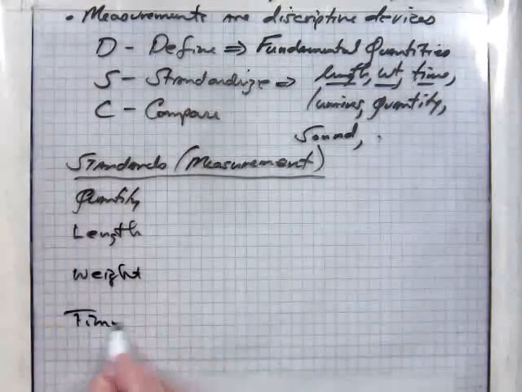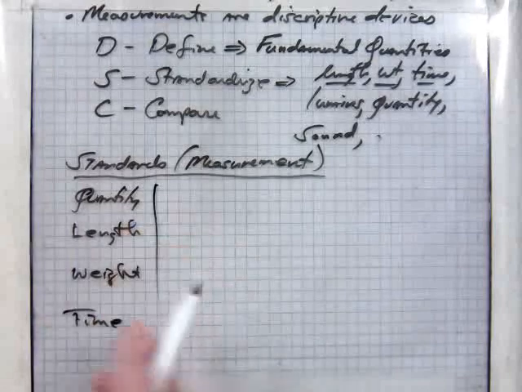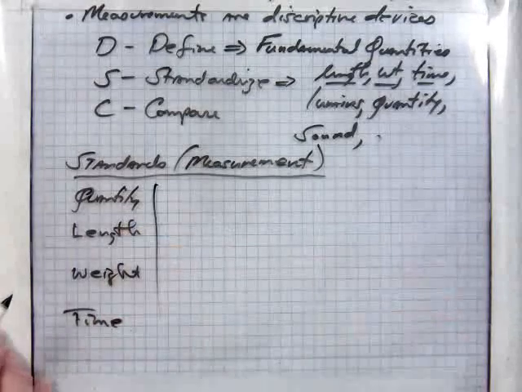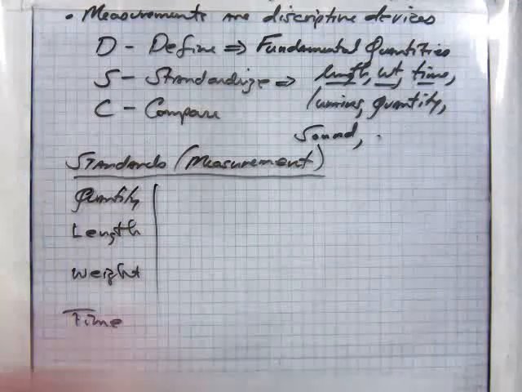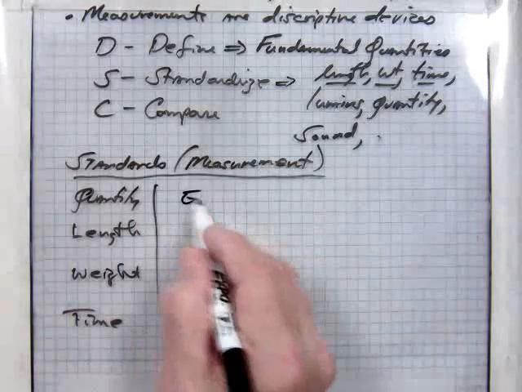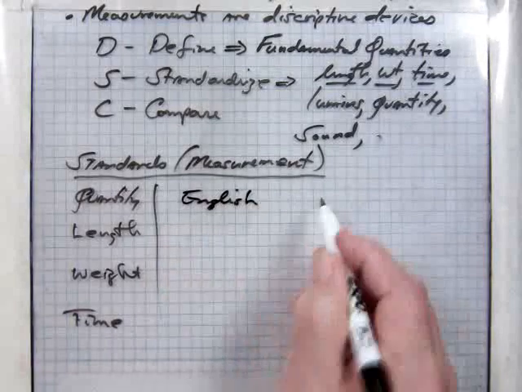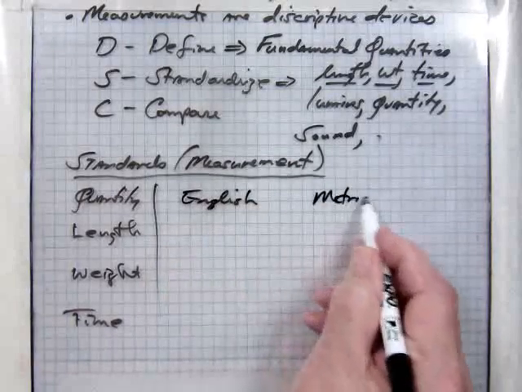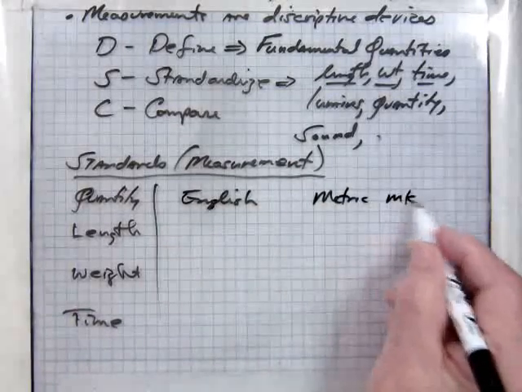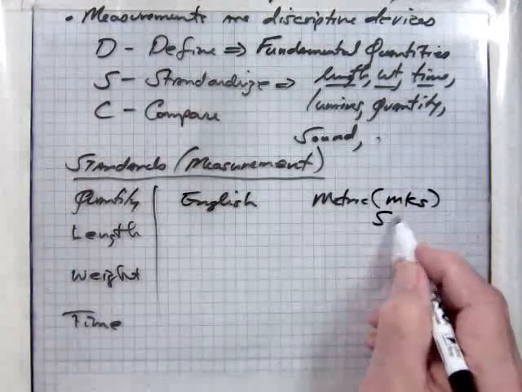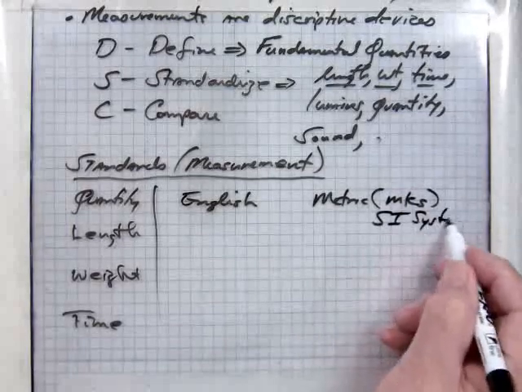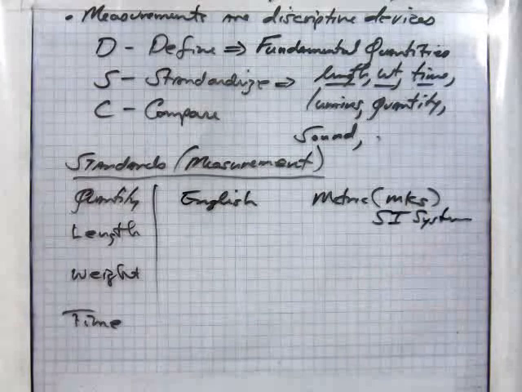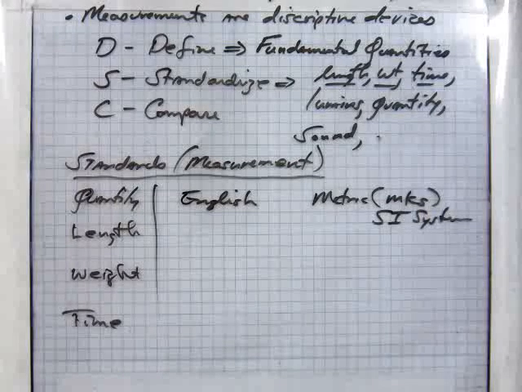That's what we've got these defined, so we need standards. Well, we know of 2 systems. Those standards are established relative to systems, and we know about the English system and the metric. And we'll leave it to the MKS system, or the SI system is what it's called. The MKS is meter kilograms second. And so the same thing as Standard International.